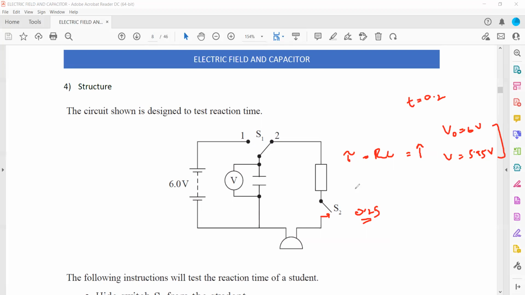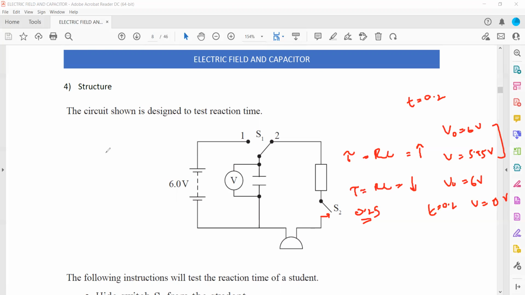And if the value of the time constant RC is low, what might happen? In the same time interval, 0.2 second, when the values of R and C are low, the initial voltage will be 6, but the final voltage may be 0. Like the capacitor might discharge completely.